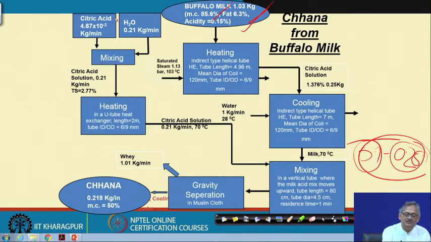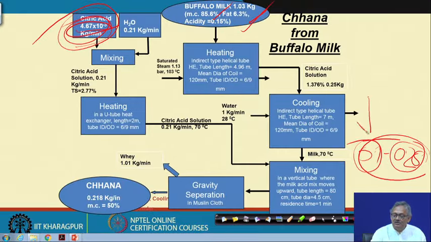Side by side we have taken citric acid in solid granules. So, citric acid at 4.67 × 10⁻³ kg per minute as a flow rate, because this is a continuous chana making process.